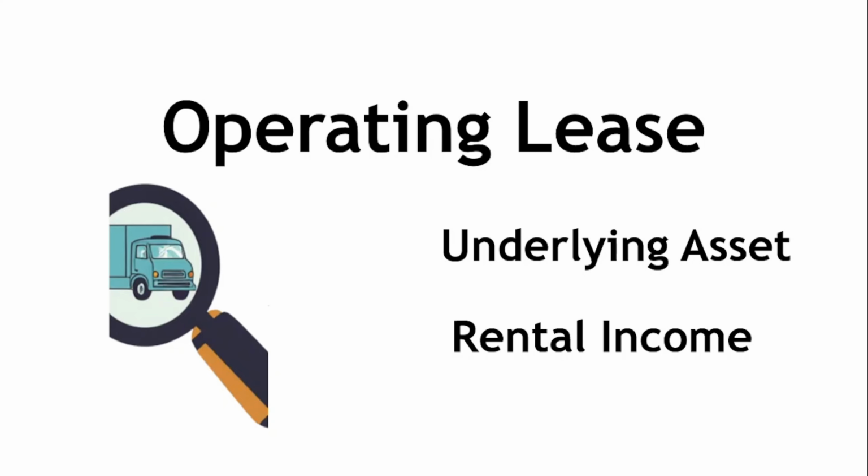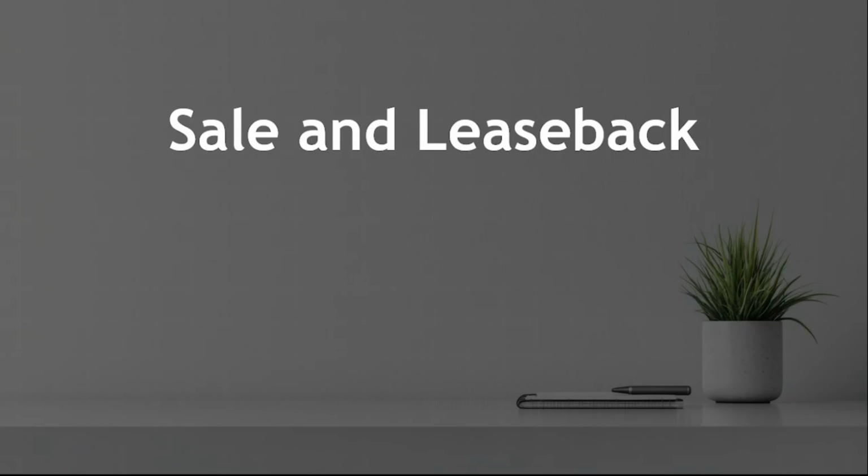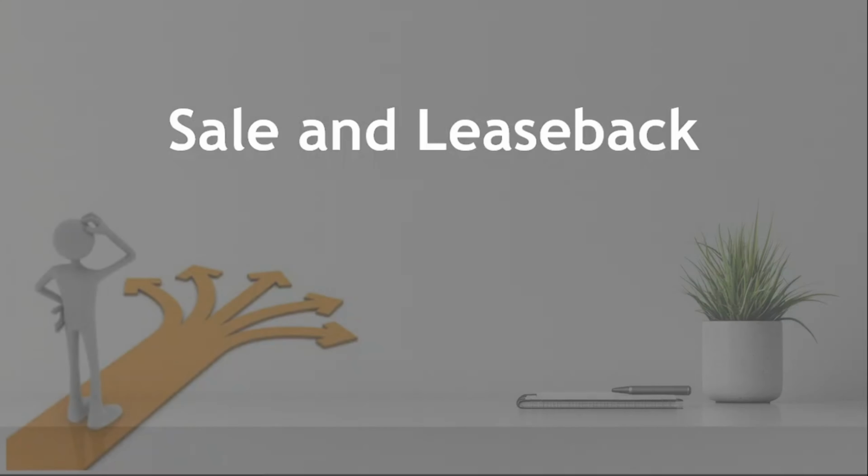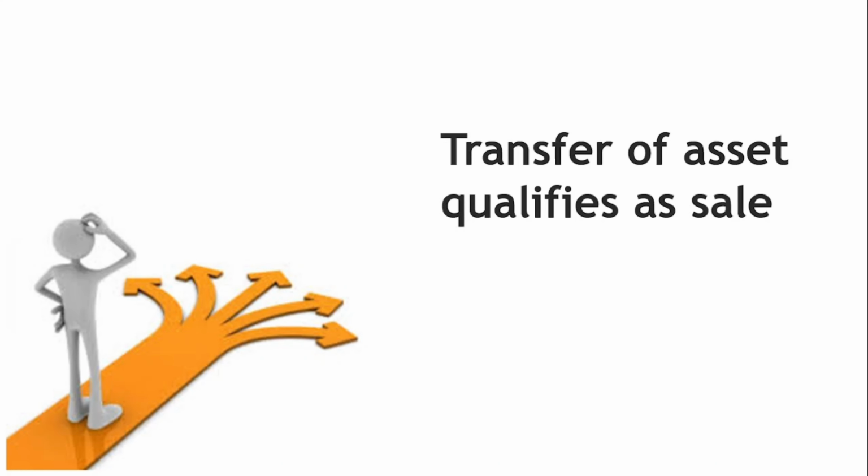IFRS 16 was written to address a transparency issue on the lessee side, not redefine the lessor's economics. Section 7, Sale and Leaseback. A sale and leaseback transaction must be analyzed in a specific order. The first question is whether the transfer of the asset qualifies as a sale under IFRS 15. Only if it qualifies as a sale does IFRS 16 apply to the leaseback.